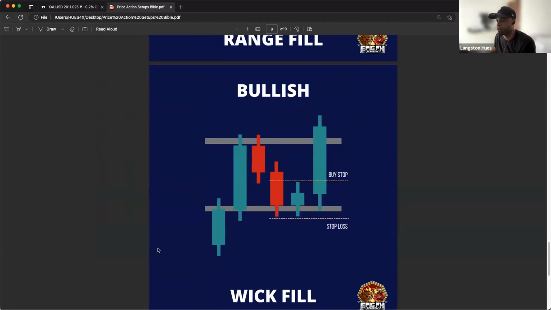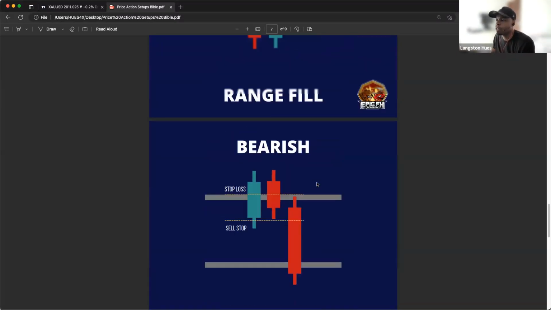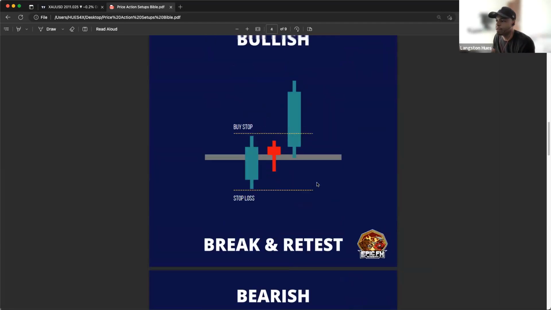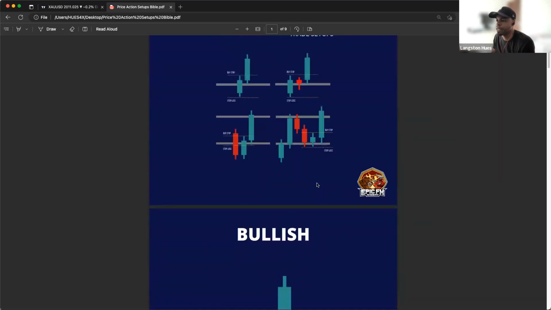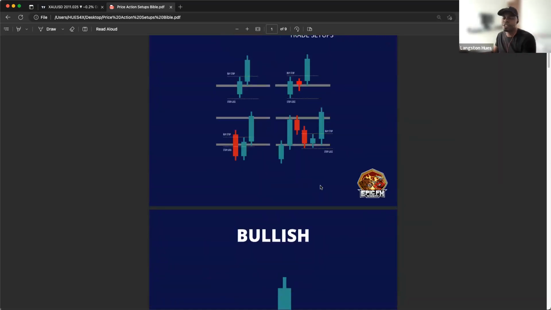It's a bullish wick fill, right? We have price drive up, pull back, forming a support. We got the support form, and now we got the buy stop on the break of the high of the previous bullish candle, right? This is exactly what that is. But normally we're looking for breakouts, right? So when we get a trade outside of the range, then that's a clear setup for us.